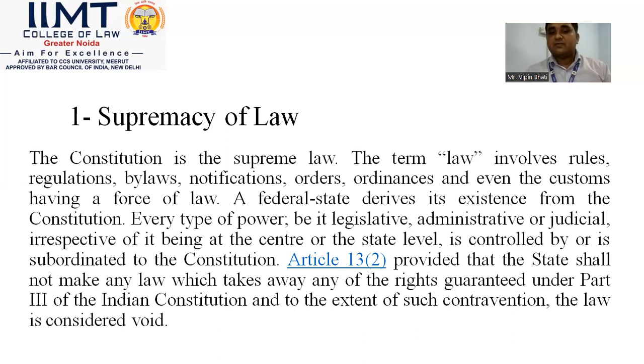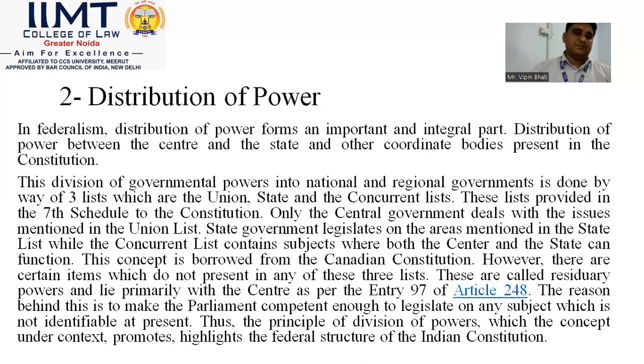So it is void to the extent of such contravention. जितना वो कंट्रावेन कर रहा है, किसमें कंट्रावेन कर रहा है? हमारे फंडामेंटल राइट्स. तो उस एक्सटेंट तक वो वॉइड माना जाएगा, अदरवाइज वो वैलिड होगा. ठीक है. सो दिस इज अबाउट द सुप्रीमेसी ऑफ लॉ.